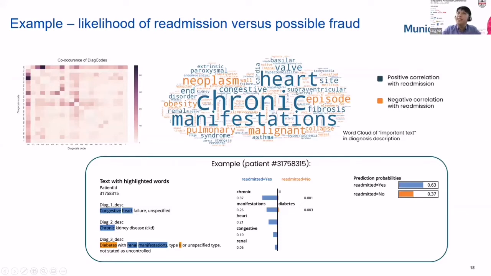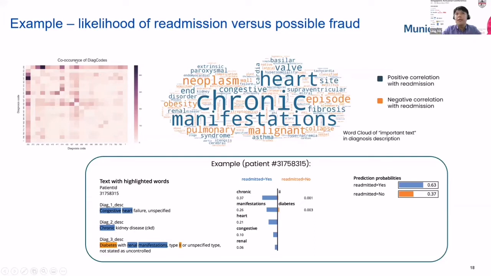We are using these insights to determine the likelihood of readmission versus the actual outcome. If a patient was found to have a low probability of being readmitted to the hospital, but indeed this patient was admitted to the hospital, then we will raise a red flag. So we are not just looking at the diagnosis description.